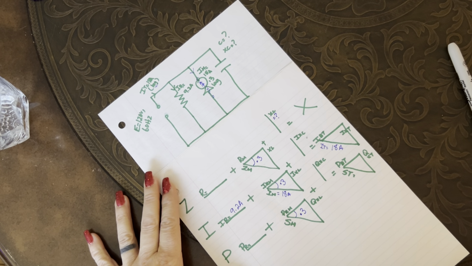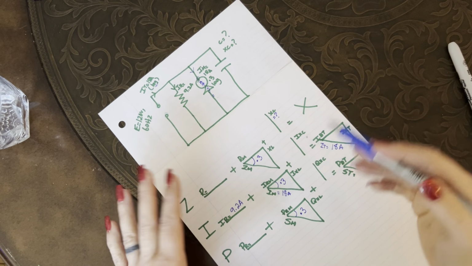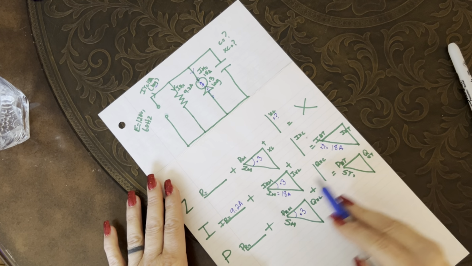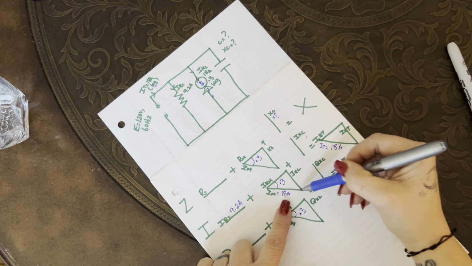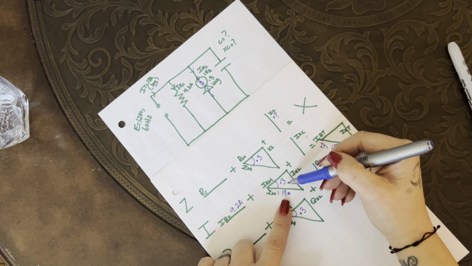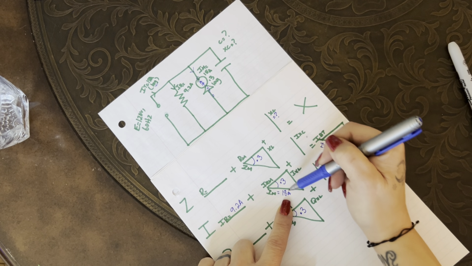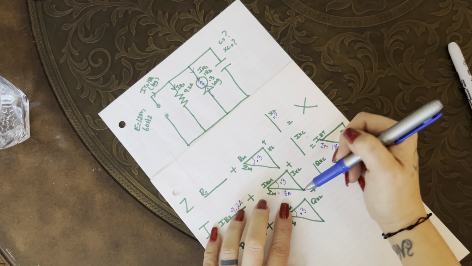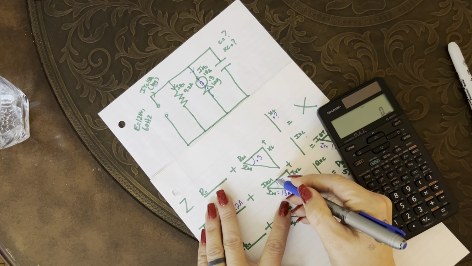So now I'm going to start populating the triangles based on what I have. Most of the information is pertaining to the current triangle, so that's what I'm going to work with. I know the incoming current on that motor is 18 amps, and I know the power factor. So I know the in-phase current is going to be less than 18 because the hypotenuse is always the greater value. So I can apply that by using my power factor to solve my IR motor.